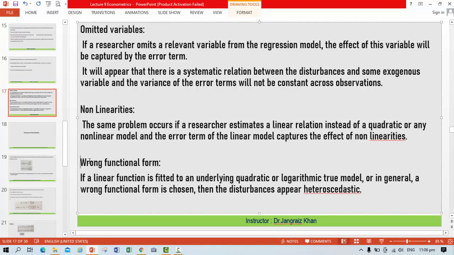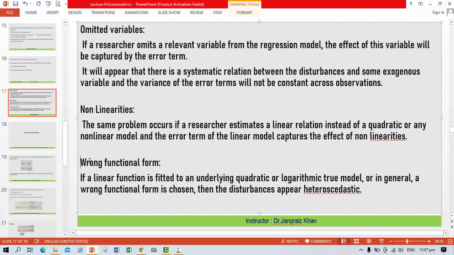We can have different forms of the model. It can be quadratic, it can be linear, or it can be exponential. So if the wrong form of the model is used, a nonlinear model instead of linear, or linear instead of nonlinear, then we can face the problem of heteroskedasticity.